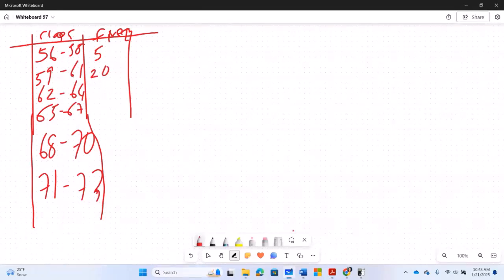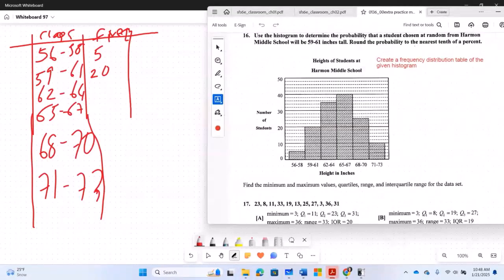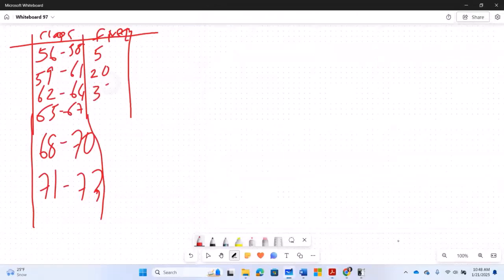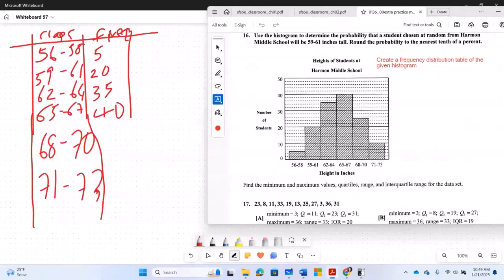So I'll go back again. The third class has a frequency of 35. The fourth class has a frequency of 40. The next class has a frequency of 25, and the last class has a frequency of 10.